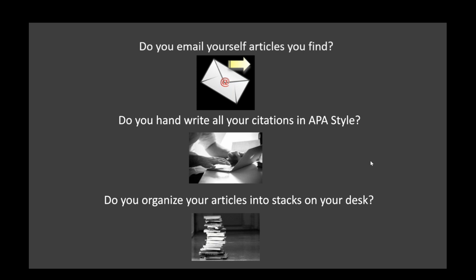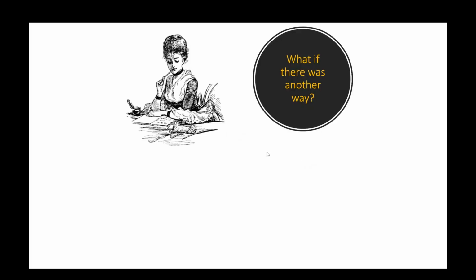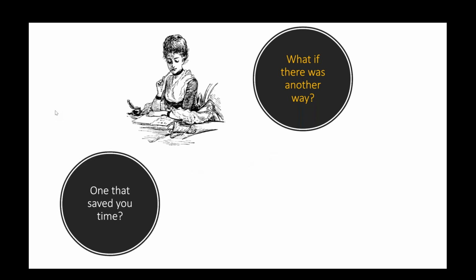Particularly, I don't know if a lot of you are either in the process of researching for your dissertation or if you're just curious about citation management for papers. Either way, you might have different ways of organizing your articles. But there's definitely another way, and that's why we're probably all here. We definitely want to be able to save time.